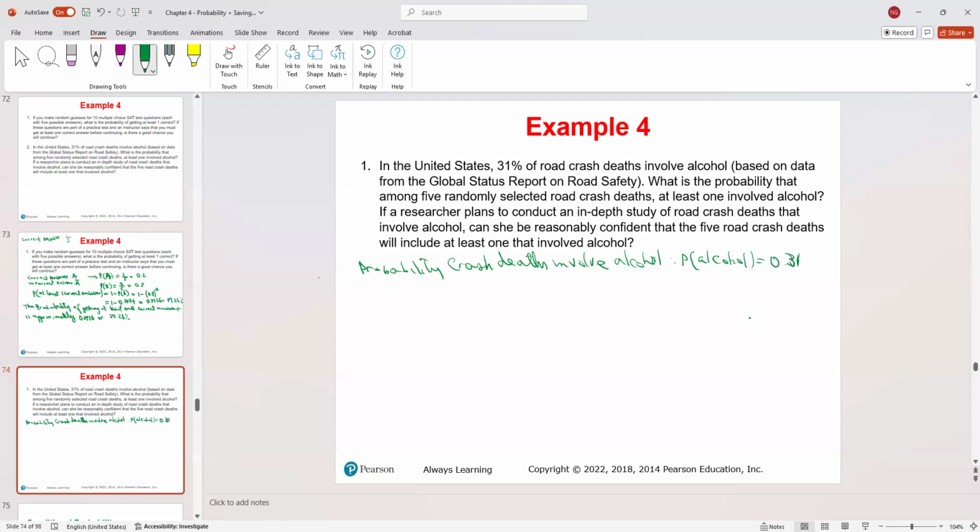Let's make it simple, because I don't like to complicate things.